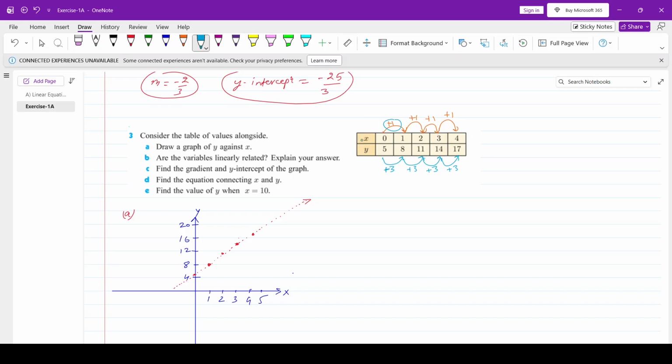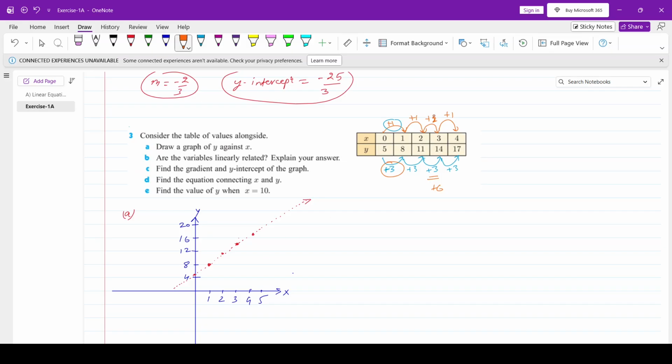So for every plus 1, we increased by 3. For every increase of 1 unit in x direction, we increased 3 units in y direction. Had we increased this x unit by 2 rather than 1, then this must have been increased by 6 for the line to be a line and not a curve.